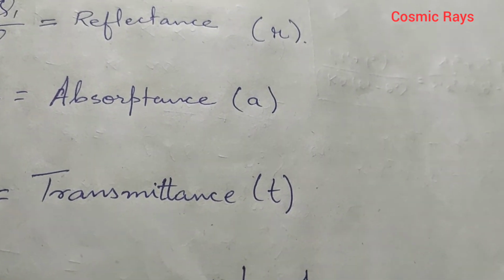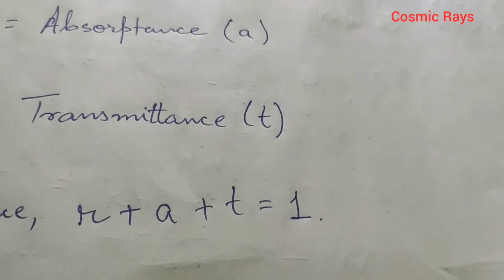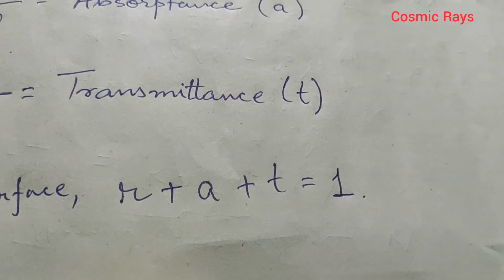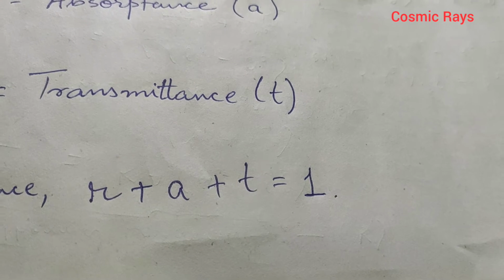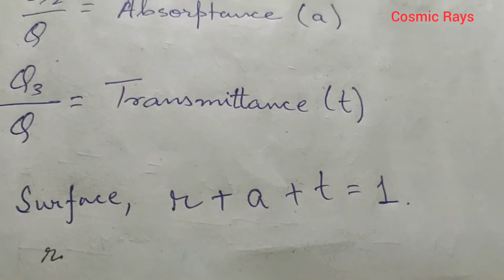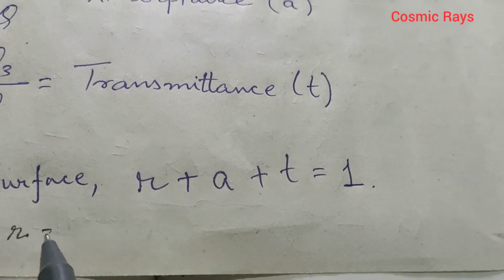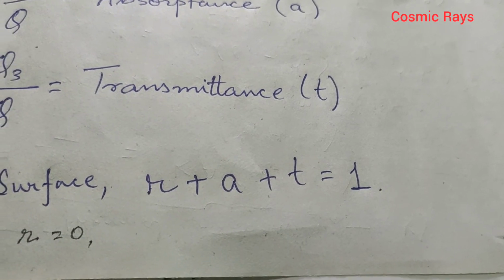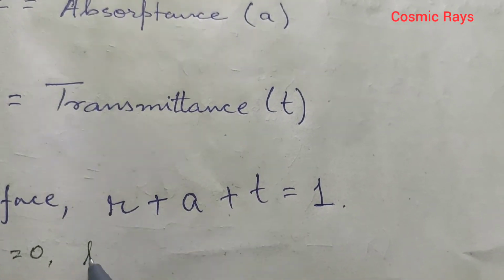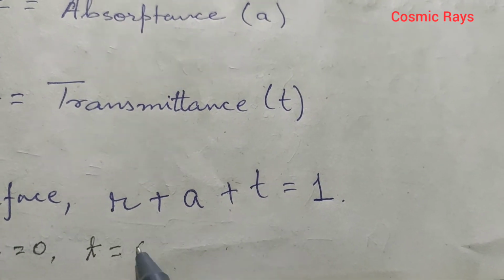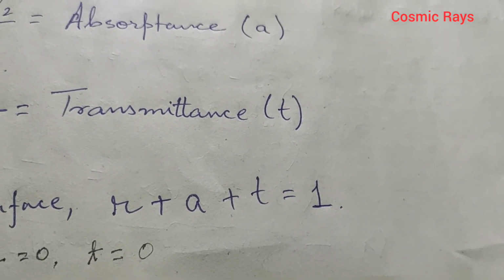Now for special cases, if we assume that a particular surface does not reflect any radiation falling on it, the value of R will be equal to 0, and we also assume that it does not transmit any of the radiation falling on it, so T is also equal to 0.